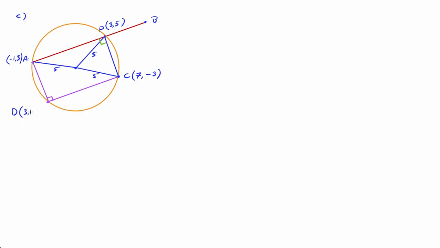Okay, now he wants the area of the trapezium ABCD. So this is A, B, C, D. Whatever. So it's this green trapezium, guys, that he's after.